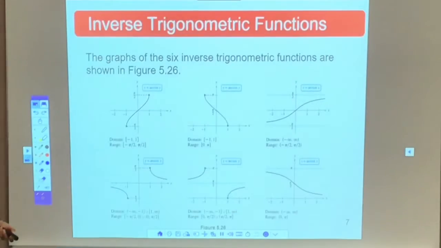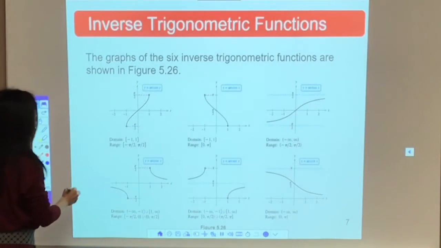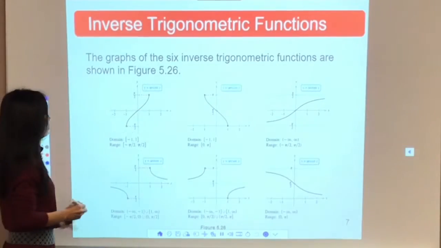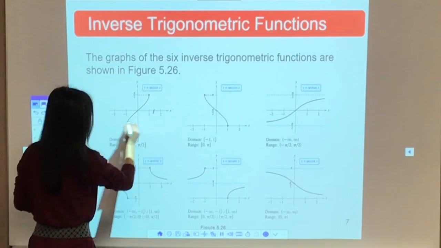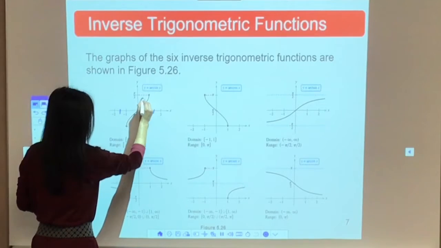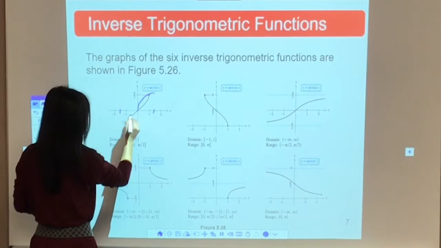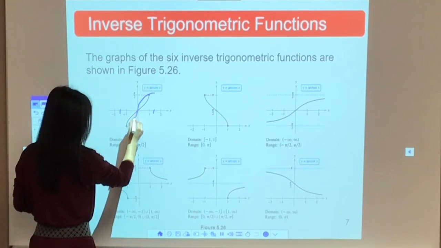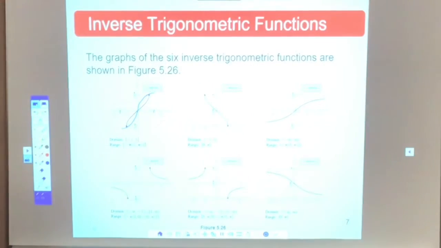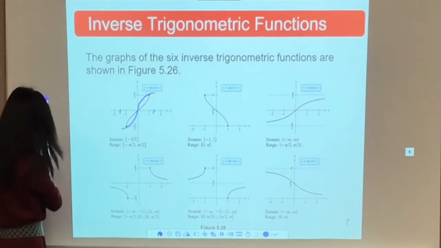Now this is a picture so you can see better. This is the inverse of a sine function. When you look at the sine function, this is what it looks like. Did you see they're mirror images?